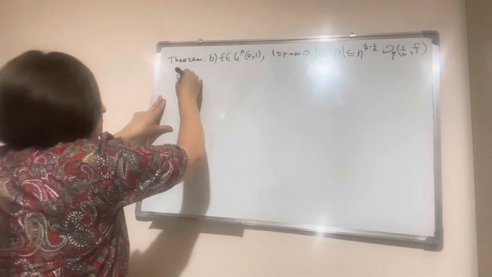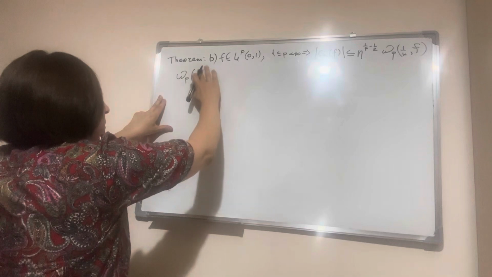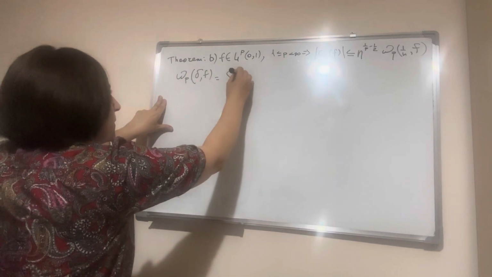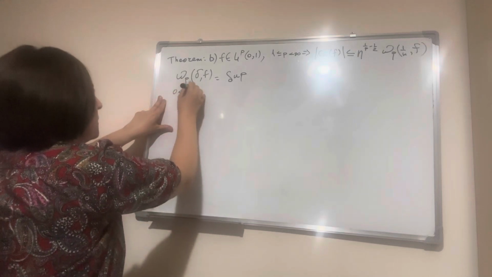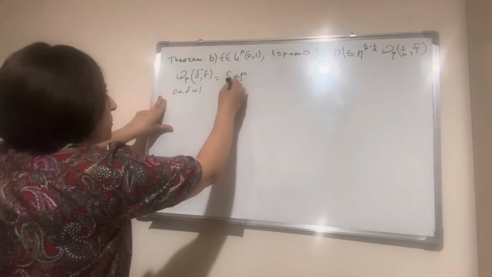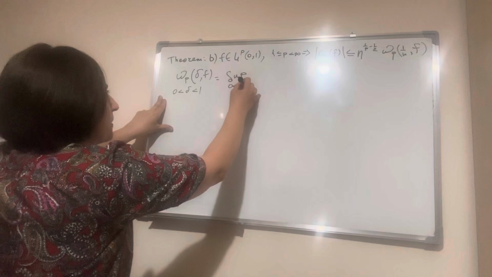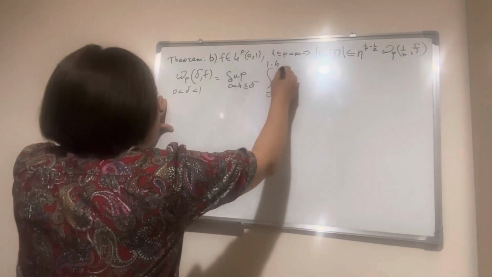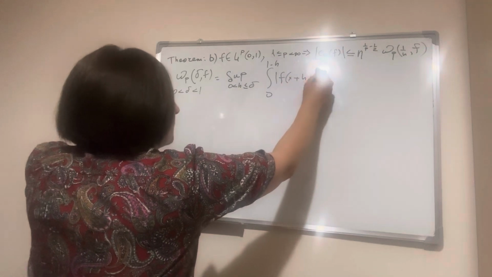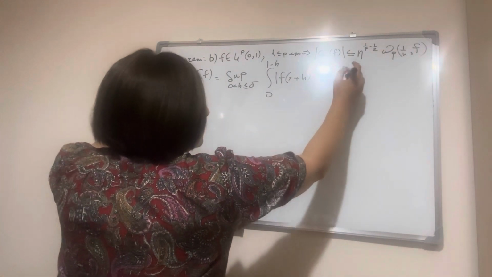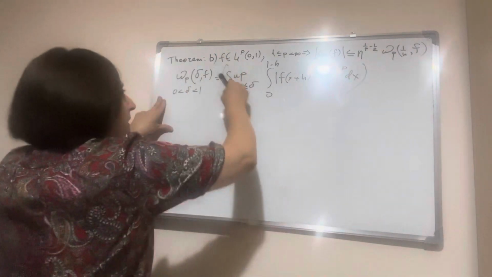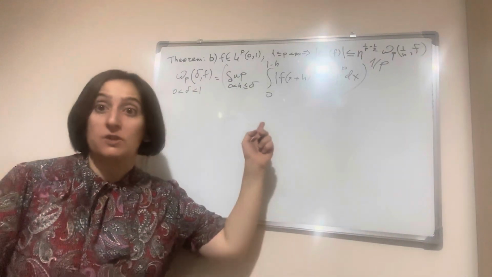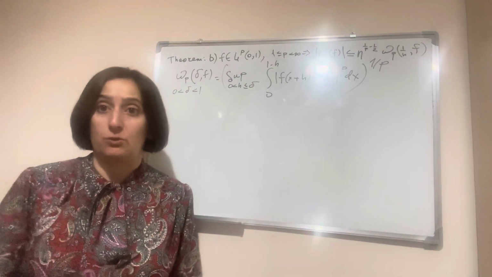So omega p (delta, f) is the supremum over 0 less than h less than or equal to delta of the whole thing raised to 1 over p. We are going to use this expression for the modulus of continuity.